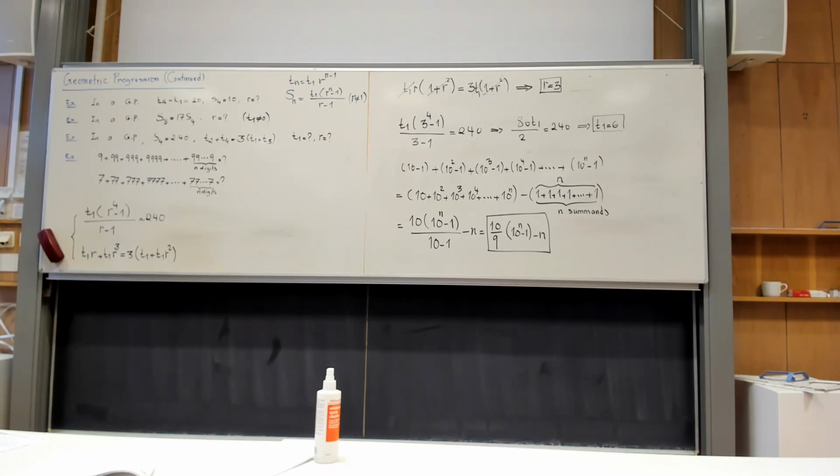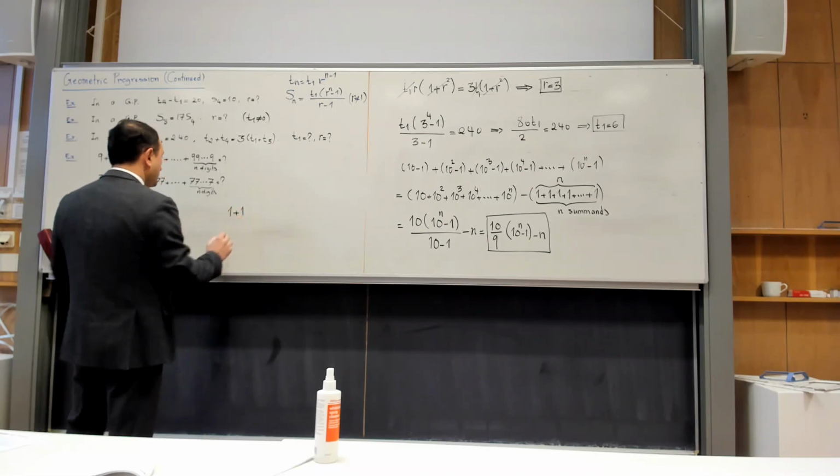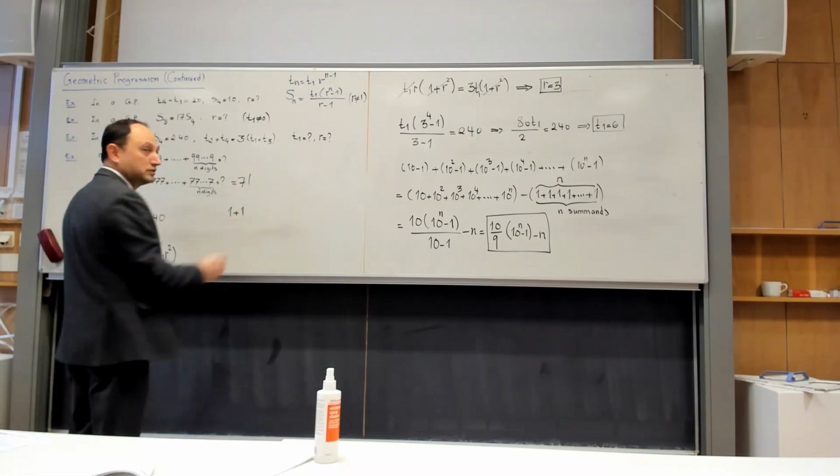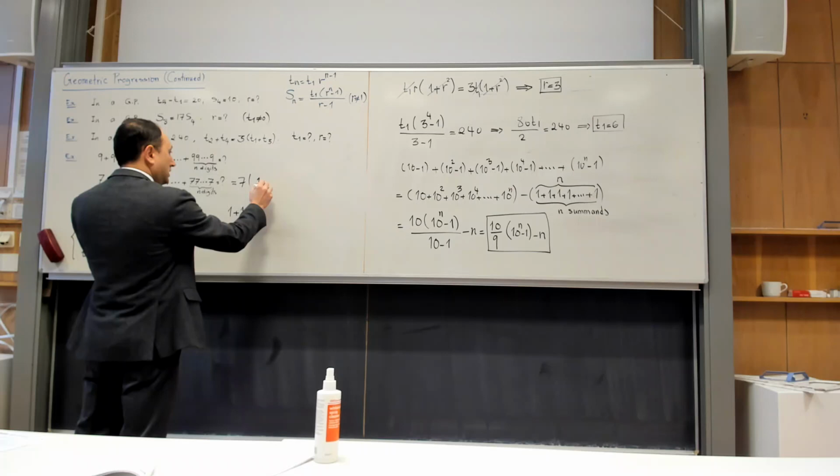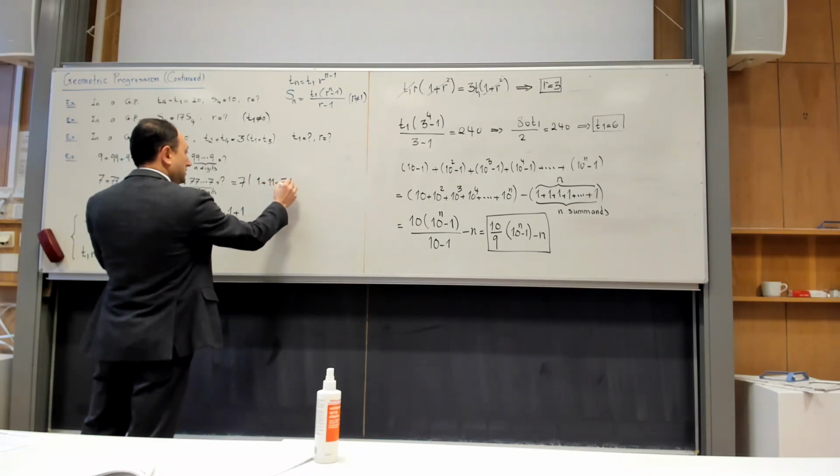And the formula? No, don't tell me the formula, just give me the idea, because your idea is right. You factor the 7 out, and you will have 1 plus 11 plus 111 and so on, and you can describe that as 10 to the power of n minus 1 divided by 10 minus 1.